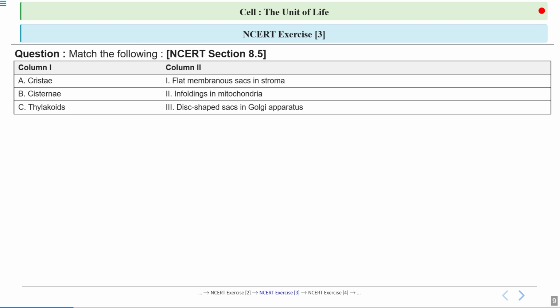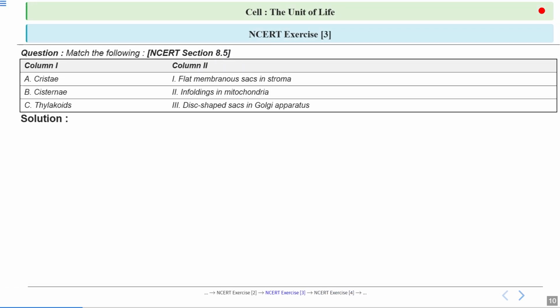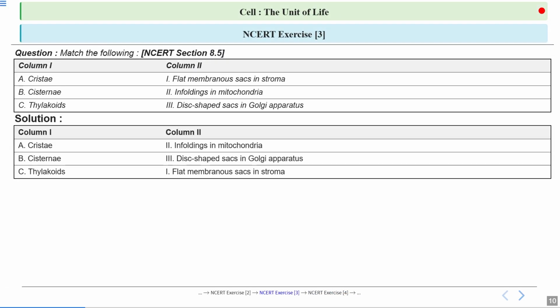So you have to match column 1 with column 2 here. So what would be the correct answer? A matches with what? B matches with what? C matches with what? So let's have a look at the answer.